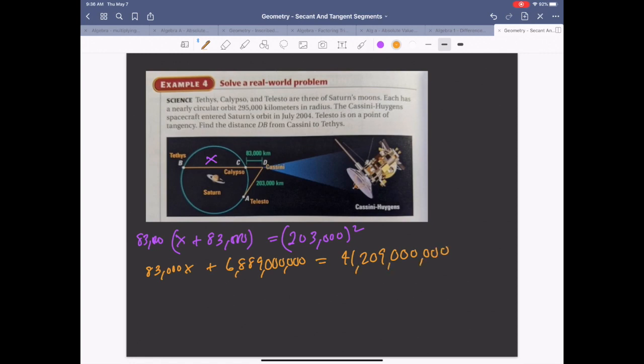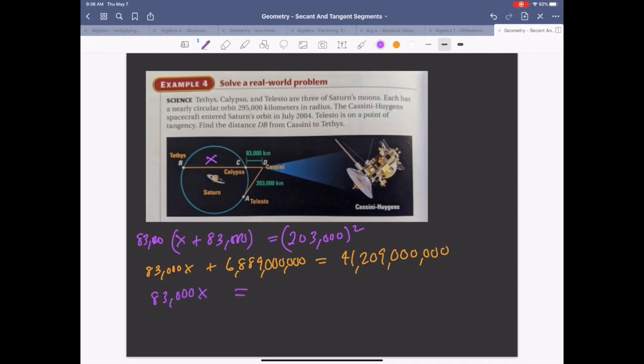So just confirm that I had that right. Yeah, okay, good. All right, so now we're going to just subtract this 6,889,000,000. So what is that again? Billions. Subtract that 6.9 billion from both sides, and we will get 83,000x equals.